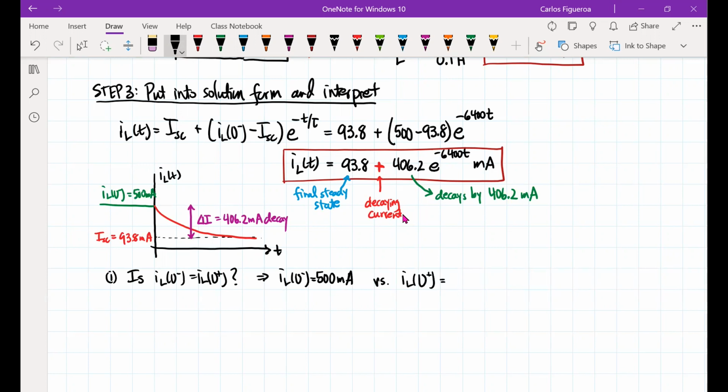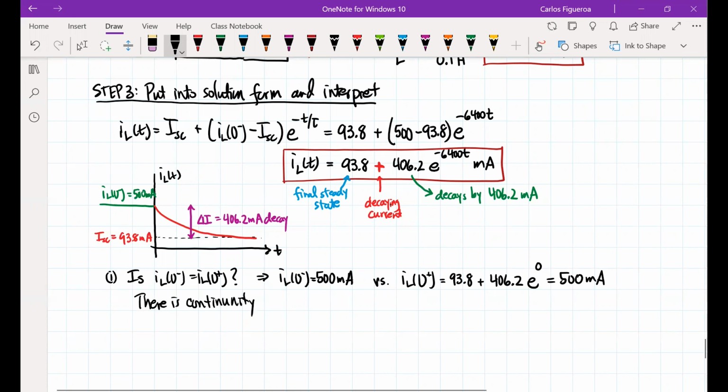So this tells me that this is going to be 93.8 plus 406.2 times e to the 0. And you could see here that this is also 500 milliamps. So the answer is that there is continuity in the inductor here.